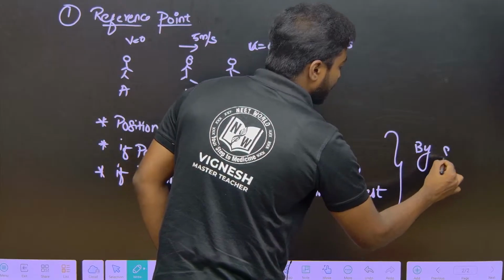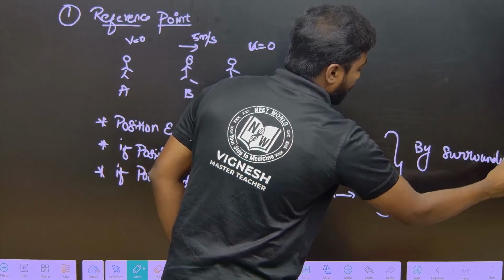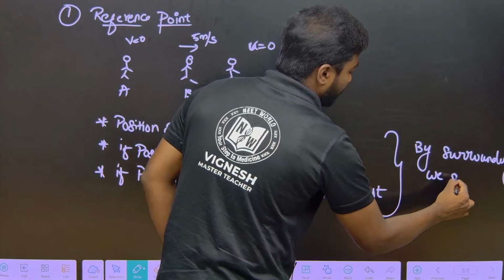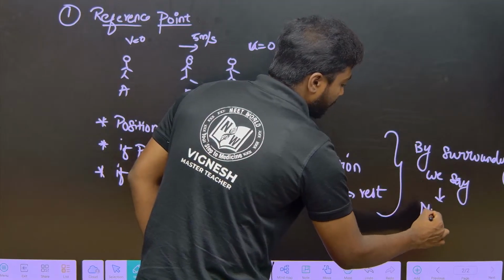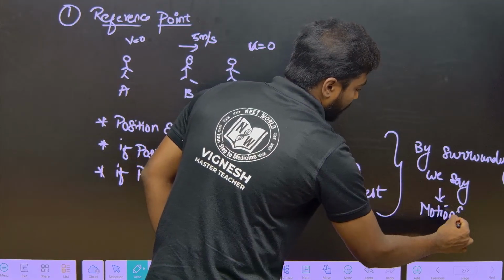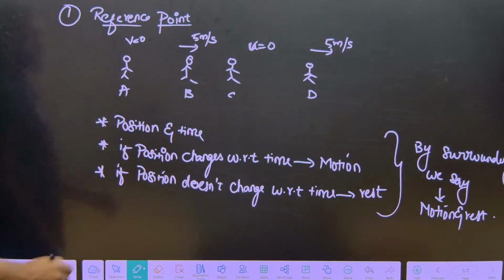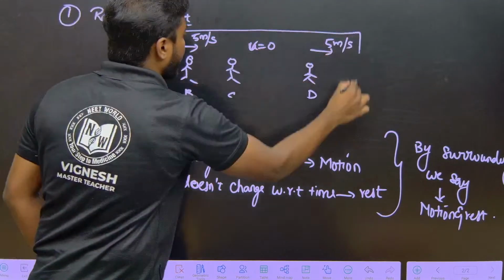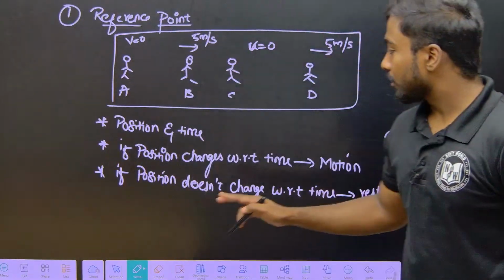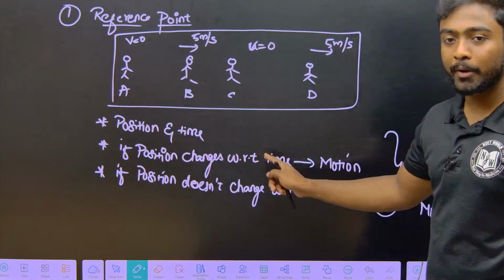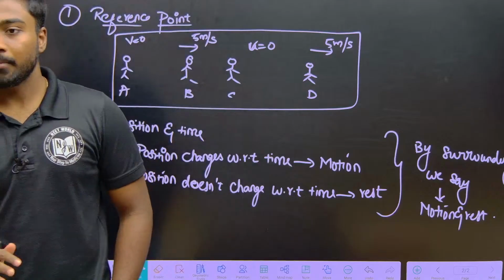By surroundings we say both motion and rest. Any doubt in this? So by this example we can say an object is moving or at rest. And one more thing we should keep in mind: position changes with respect to time, motion; position doesn't change with respect to time, it is rest.